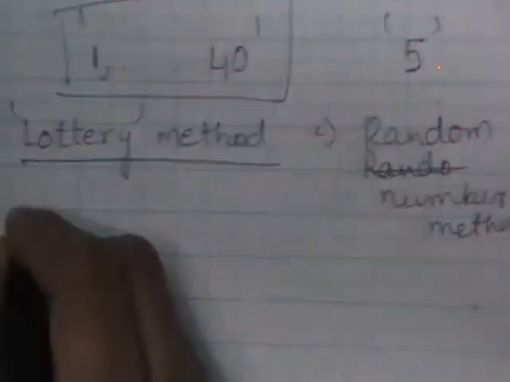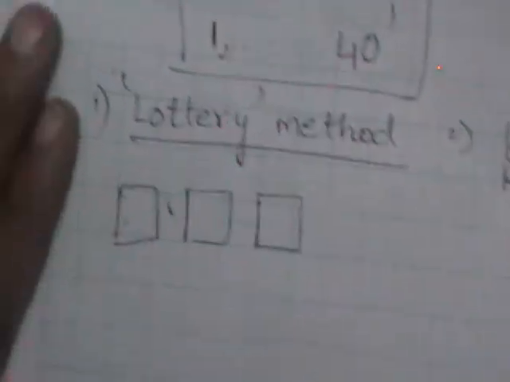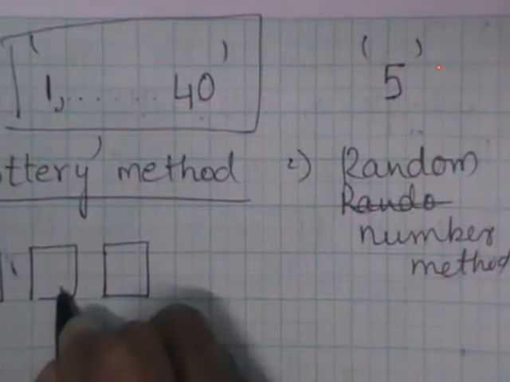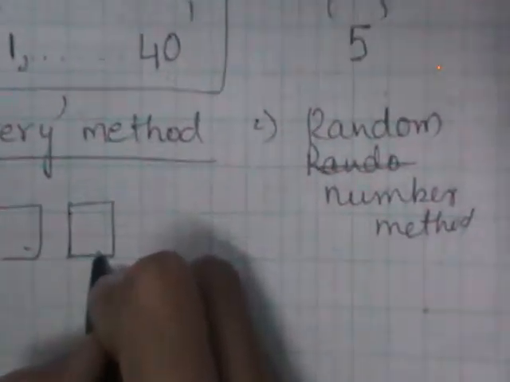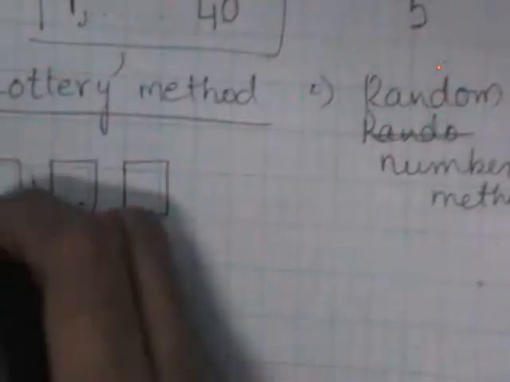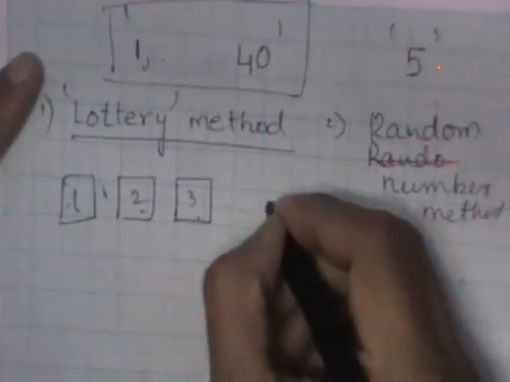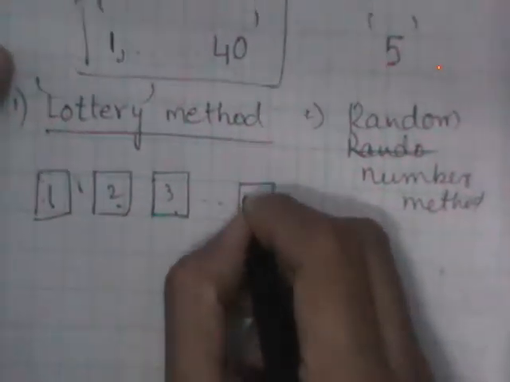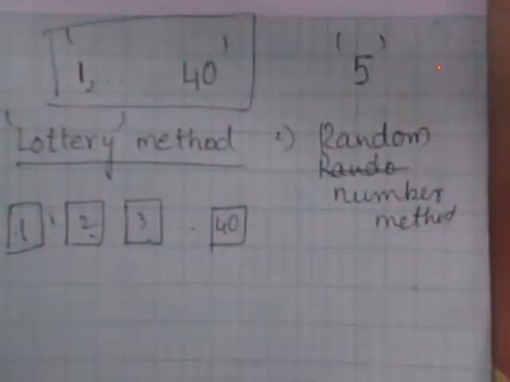Let us take 40 homogeneous paper slips or tokens. They should be homogeneous in color, size and shape. Make 40 strips of equal size and write the numbers 1 to 40 on them. Fold them in a uniform manner and shuffle them.